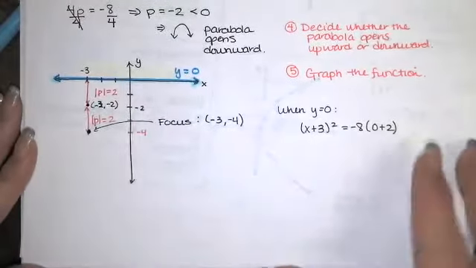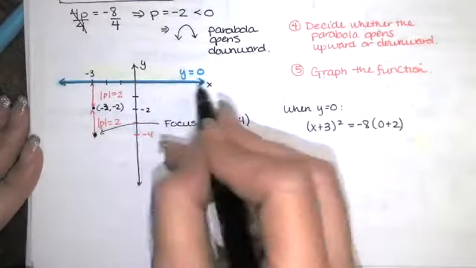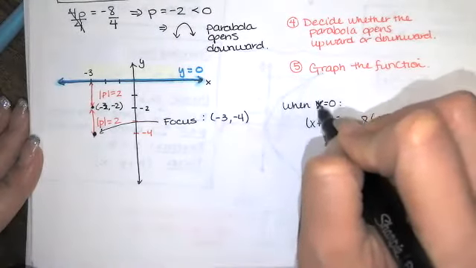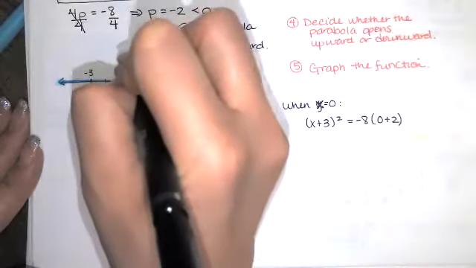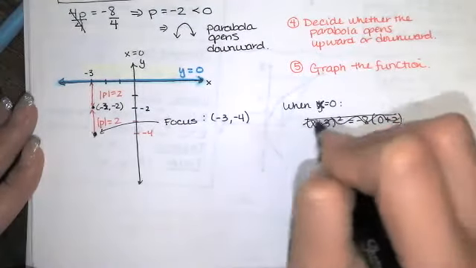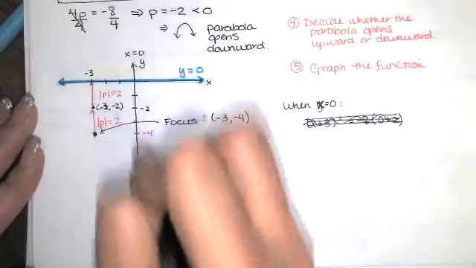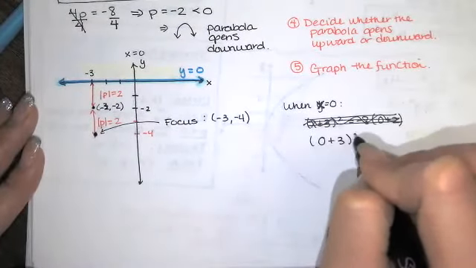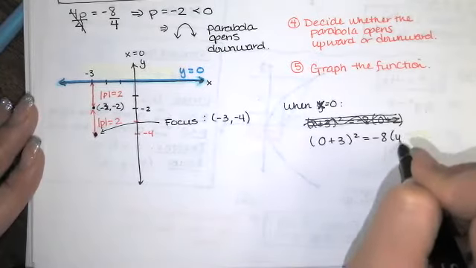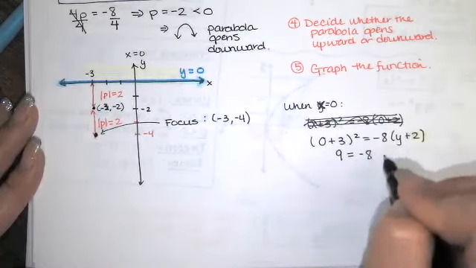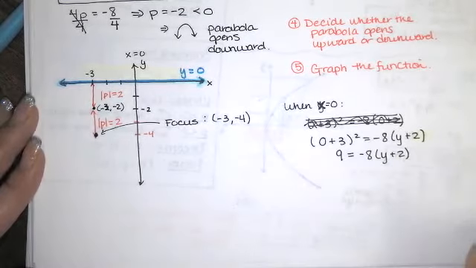Oh, y equals 0, that's not going to work. That's the directrix. What I was thinking, incorrectly, was this vertical line, x equals 0. Our parabola will cross that vertical line, x equals 0. So I'm replacing the x with 0. So we have 9 over here equals negative 8 times y plus 2.